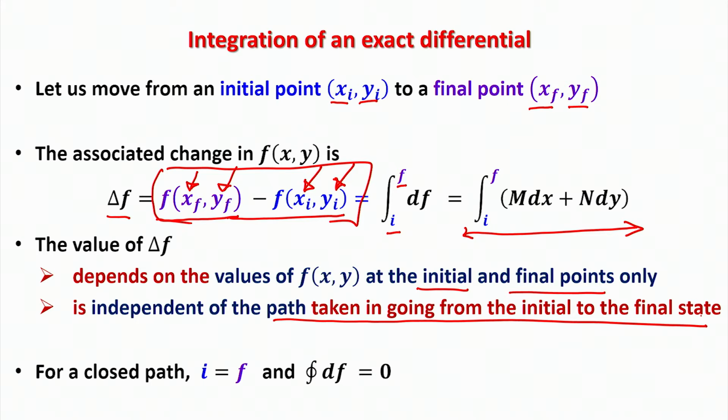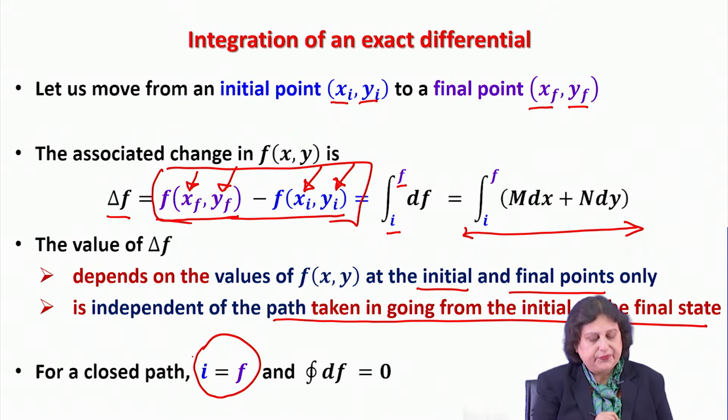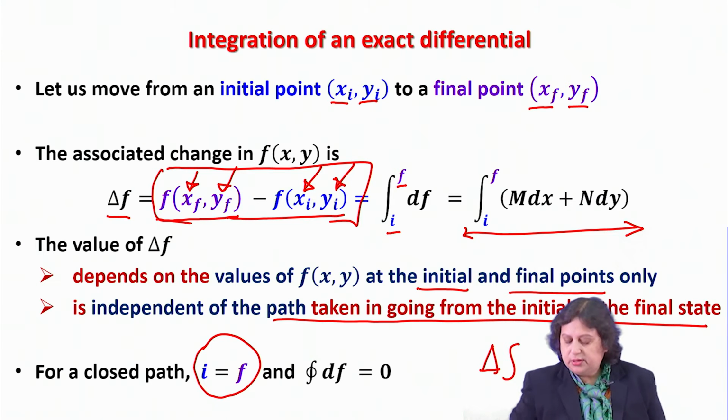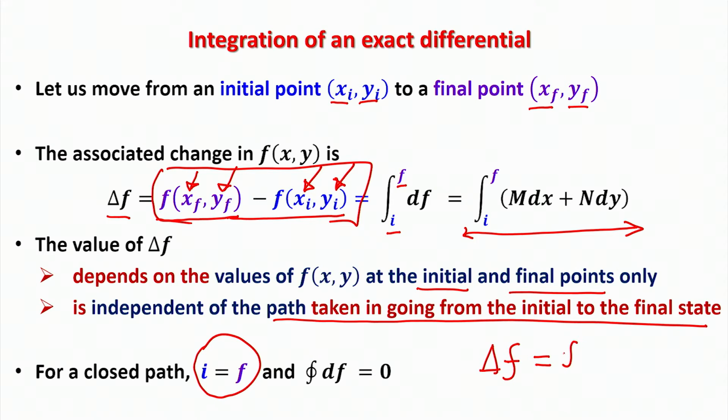Now, what happens if I have a closed path? If I have a closed path, then i is equal to f. Then what is delta f? Delta f is going to be equal to f evaluated at xi, yi minus once again f evaluated at xi, yi, and obviously the result is 0.